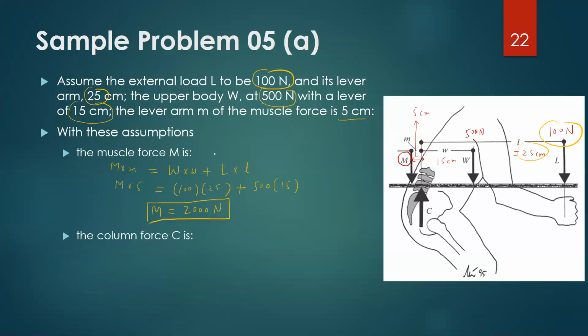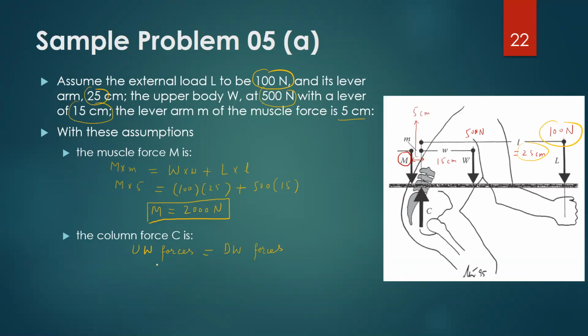So the basic idea was that the sum of the clockwise torque should be equal to the counterclockwise torque. One force that remains is this force C. So we can use the same equation, that the sum of upward forces should be equal to the sum of downward forces.